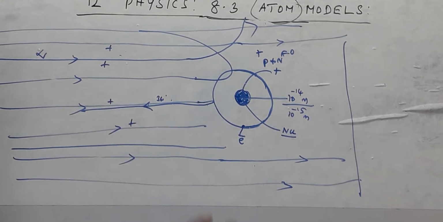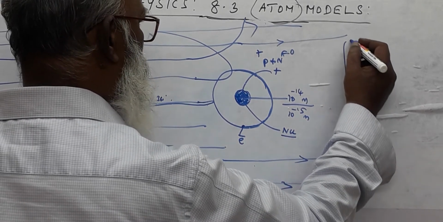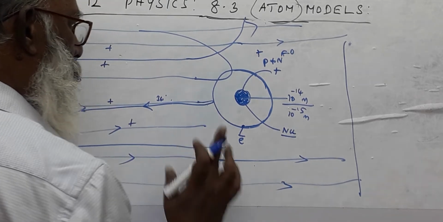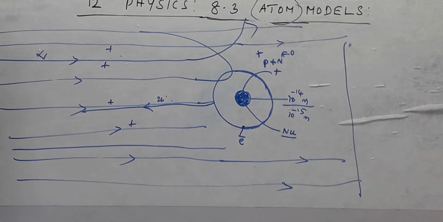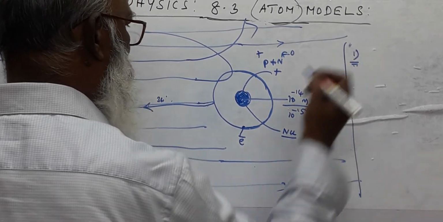That's a 3-mark question. Then, why was it neglected? First 3-mark, second 3-mark: why was the atom model not accepted? Why was the Rutherford atom model not accepted? The first reason is a major reason.